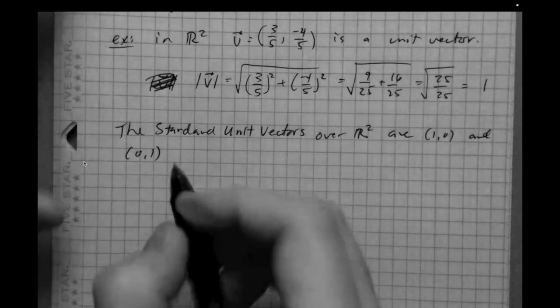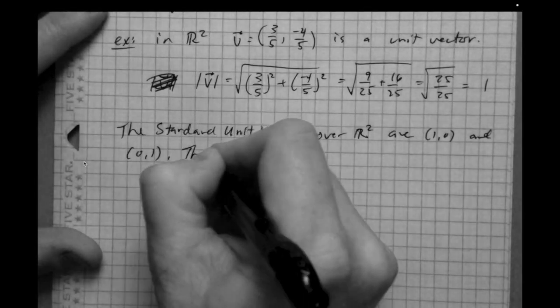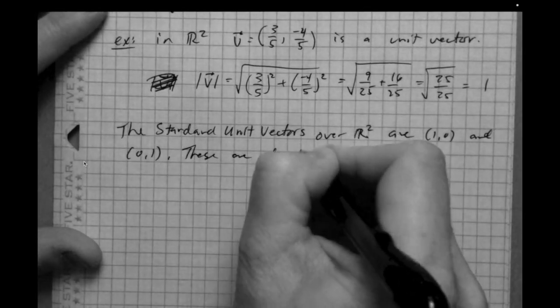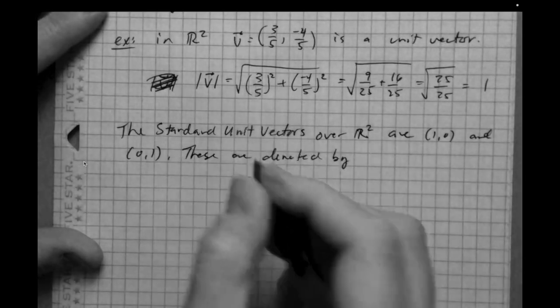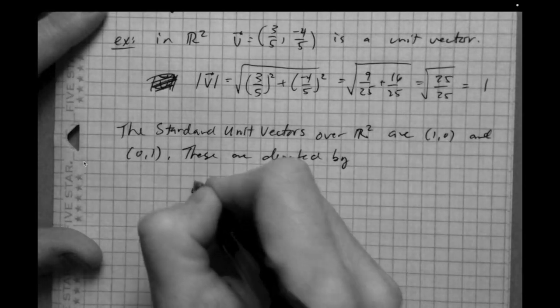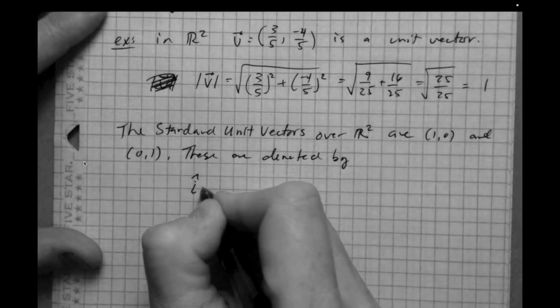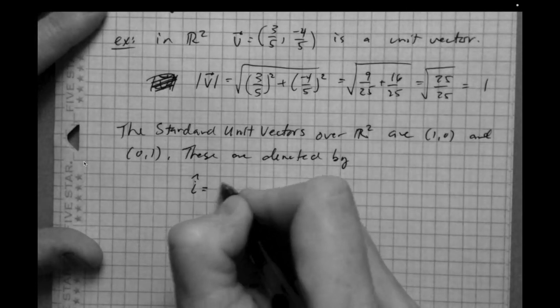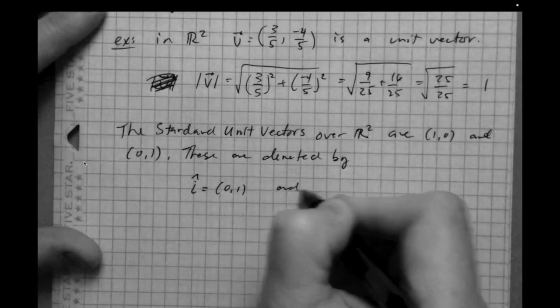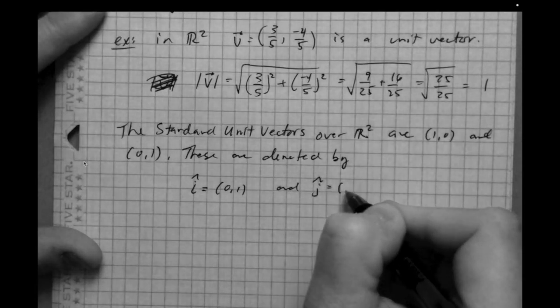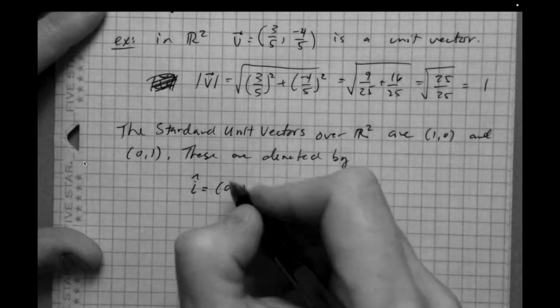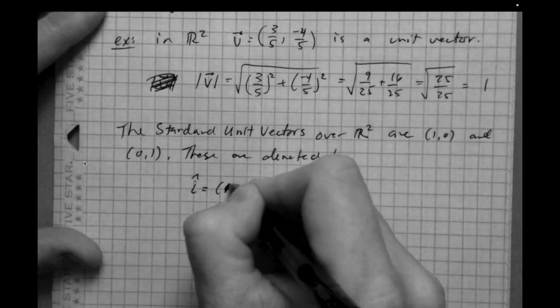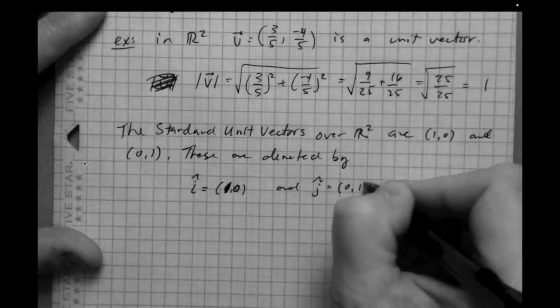These are denoted by an I or a J. Frequently they'll be written like this: I hat equals 1, 0, and J hat is equal to 0, 1.